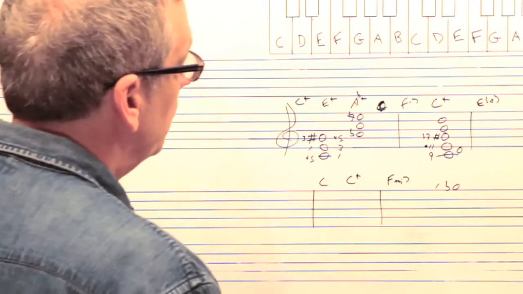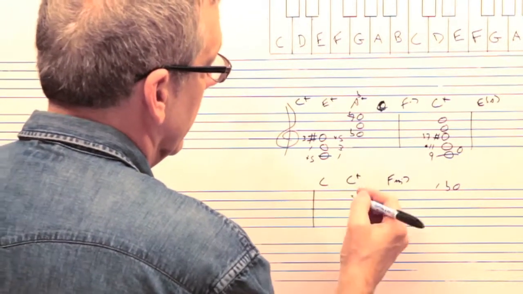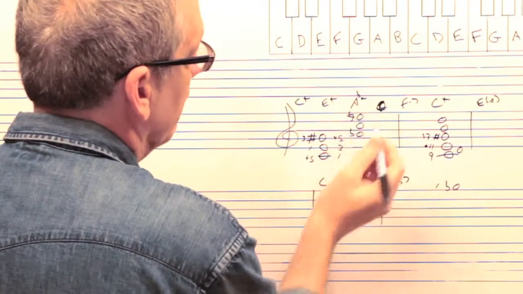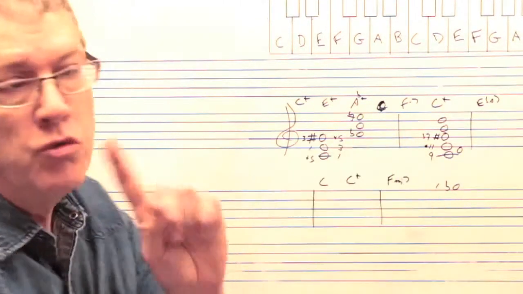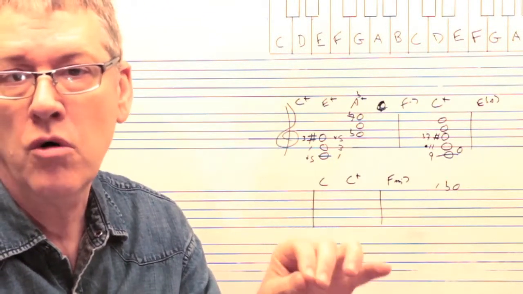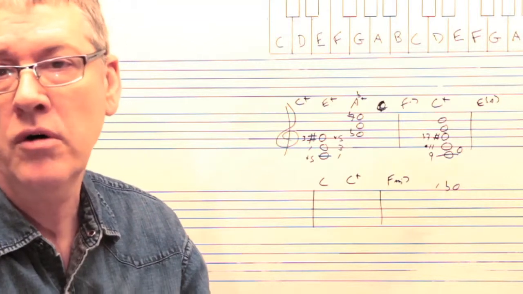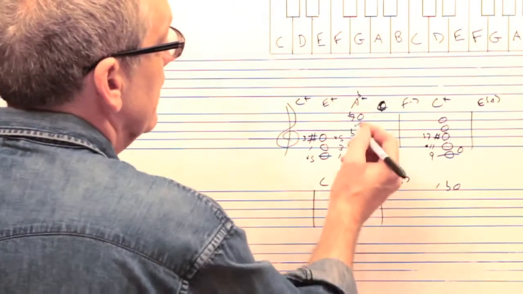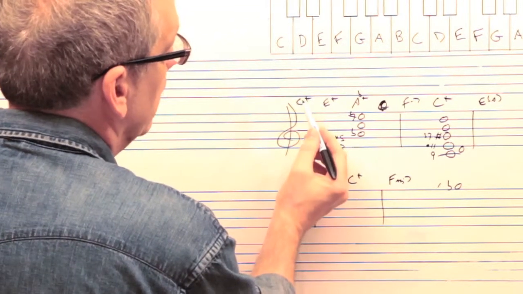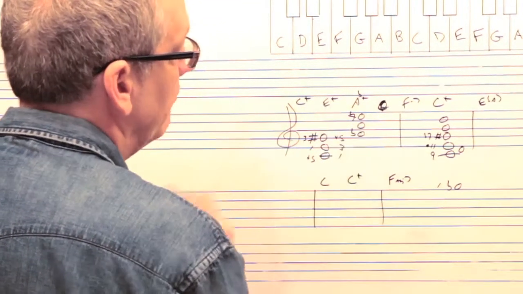This can also turn to an E, or an A flat, right? Basically the rule of thumb is this. You see an augmented chord, move the root of that augmented chord down a whole step. But the other thing is the same notes make up a C augmented, E augmented, and an A flat augmented.